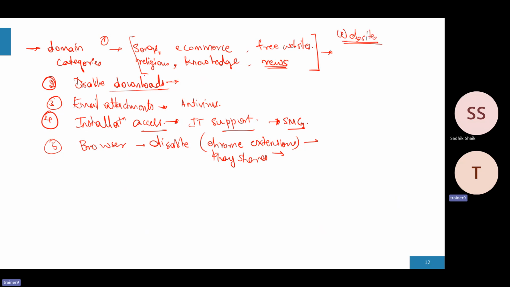But if you have these controls in place, like downloads and installations being disabled, the moment I click on a website which is redirecting, I will not be able to open it because it is already blacklisted using keywords based on the content that it has. So this is a very restricted, high security kind of environment that I'm creating.